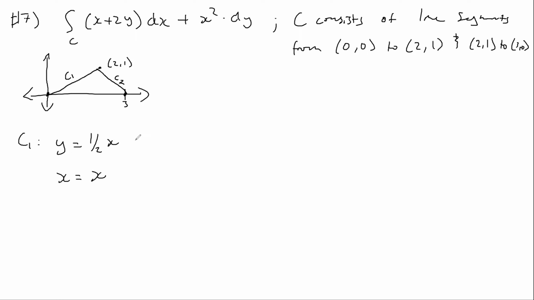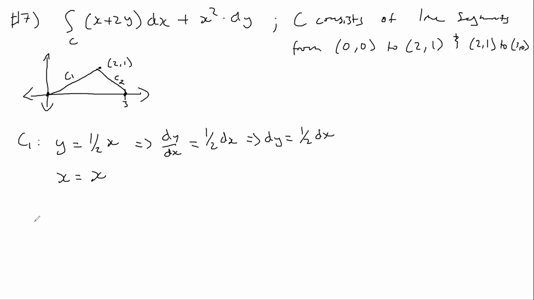From this, I can deduce that dy over dx is 1/2, and from this, dy is equal to 1/2 dx. That's going to be useful because we're going to see a substitution later on. And that's for C1.